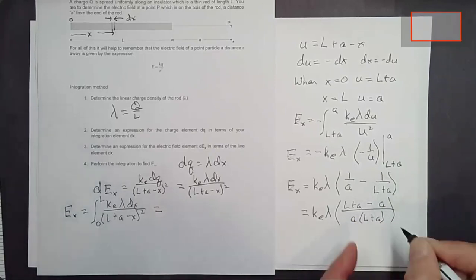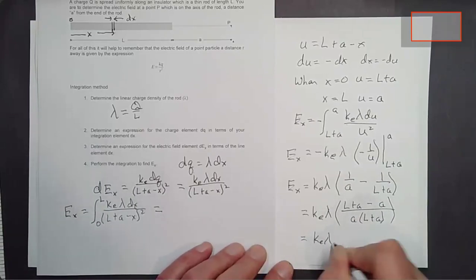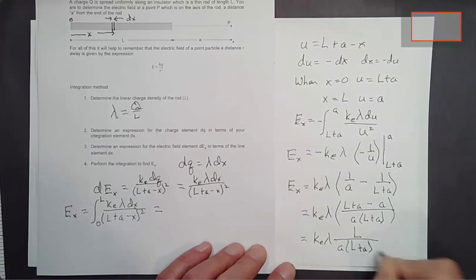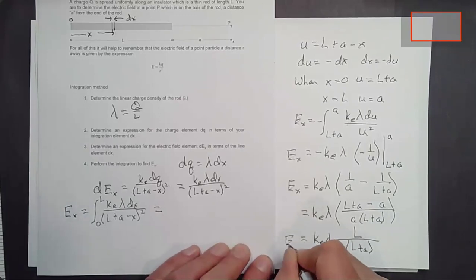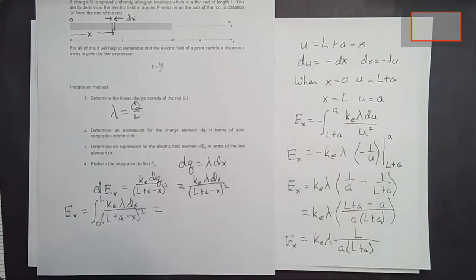And this just ends up being L on top. So K sub E lambda times L over A times (L plus A). You've probably done junk like this in calc, I'm guessing. Anyway, this would be the electric field at that point in space. And that's a fairly tidy expression as far as these things go.